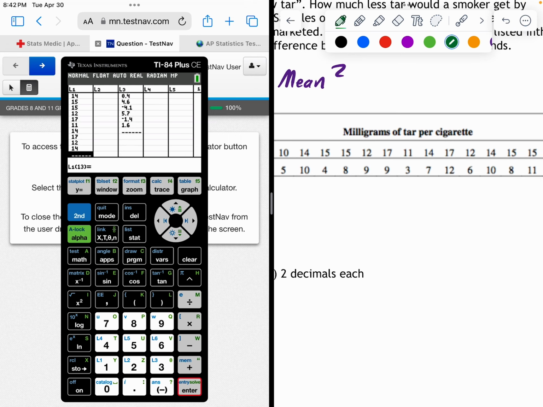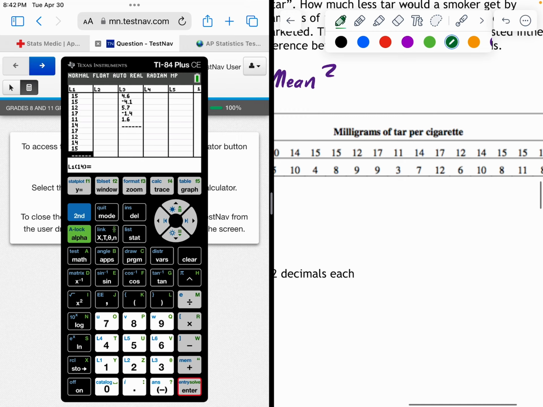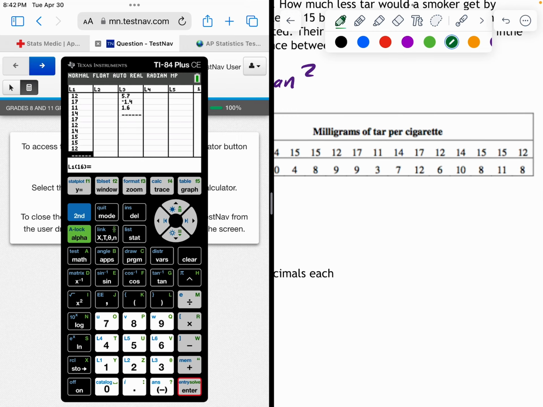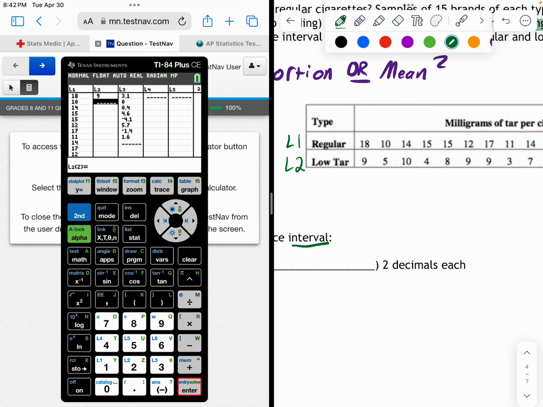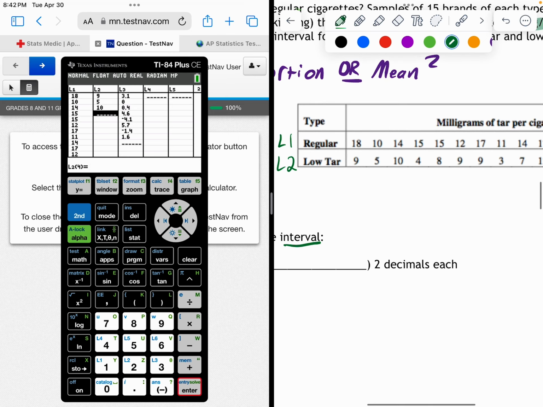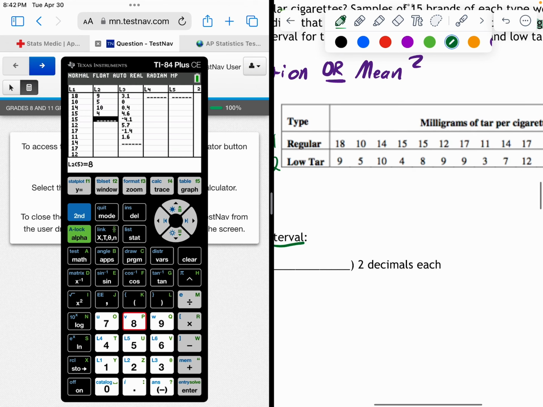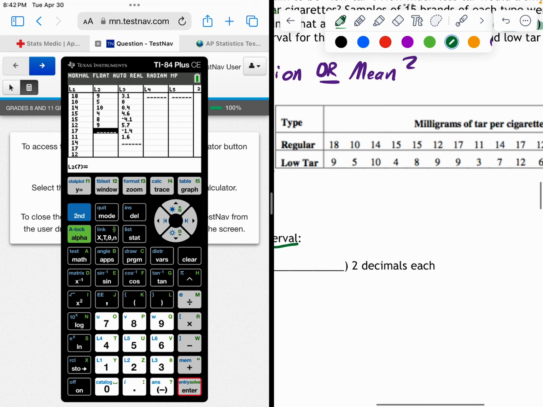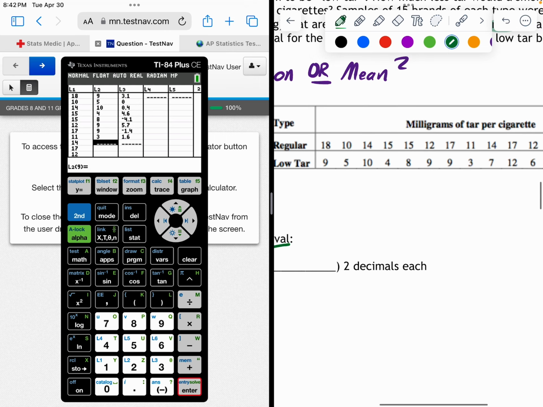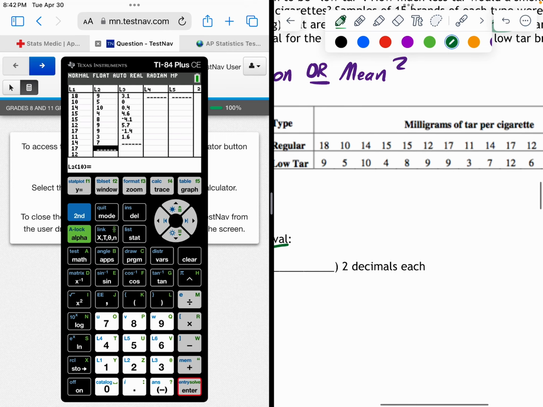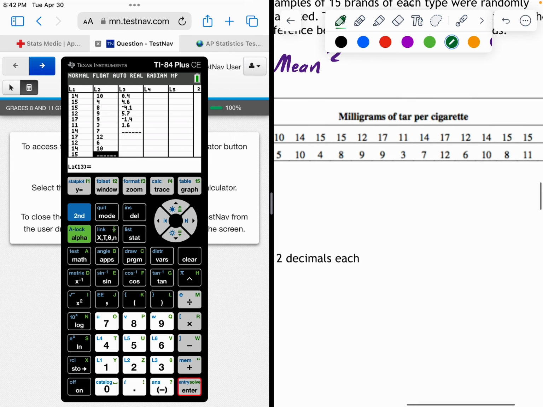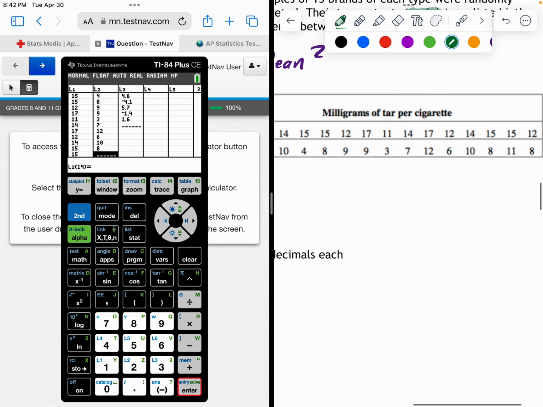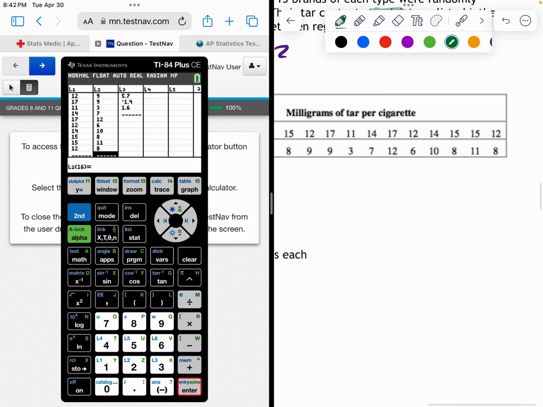If they do have you doing data entry, it's not nearly this many data points. Back to my low tar, 9, 5. I can see as I'm entering these that the low tar values are all much lower than the list above it. So just at first glance, I think it's going to be significant, but what do I know?